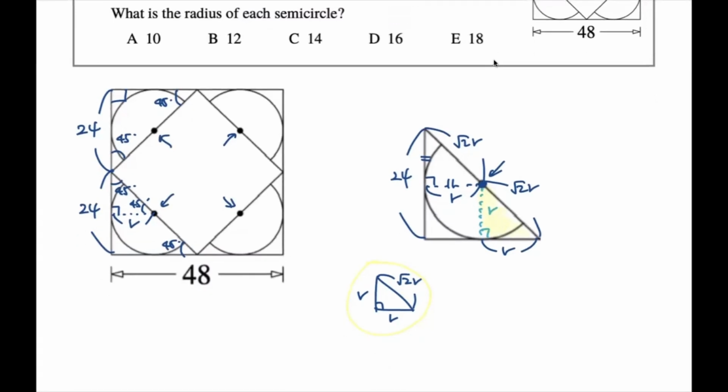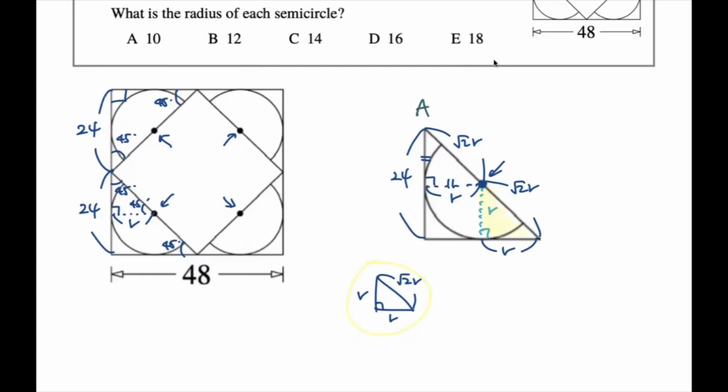Therefore, we can finally write it up. Let's label it A, B, C. Let's color in a different one because it's a bit messy.